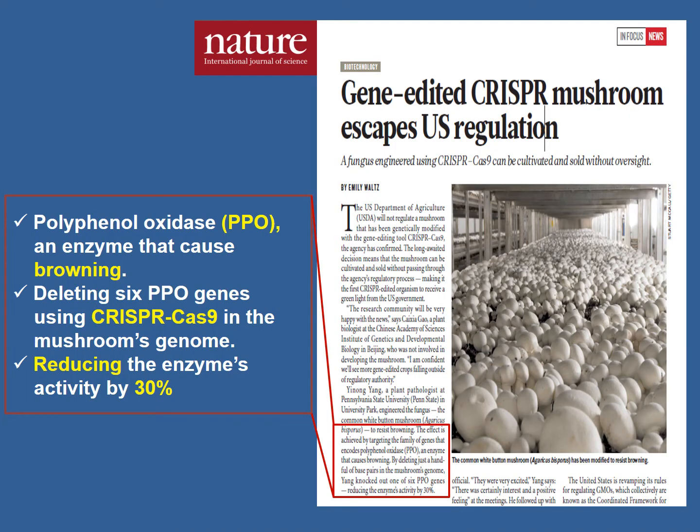In mushroom, gene-edited CRISPR mushroom escapes United States regulation. In mushroom, polyphenol oxidase is an enzyme that causes browning. Deleting 6 PPO genes using CRISPR-Cas9 in the mushroom's genome reduced the enzyme's activity by 30%.